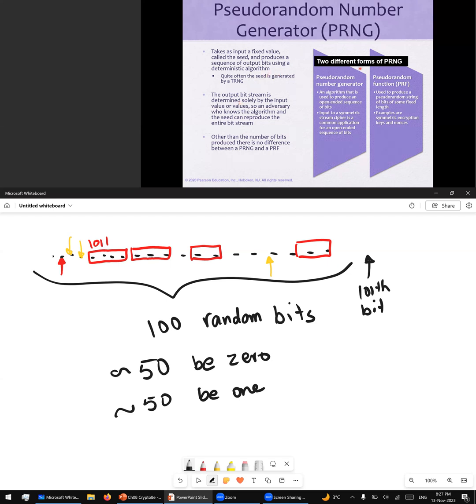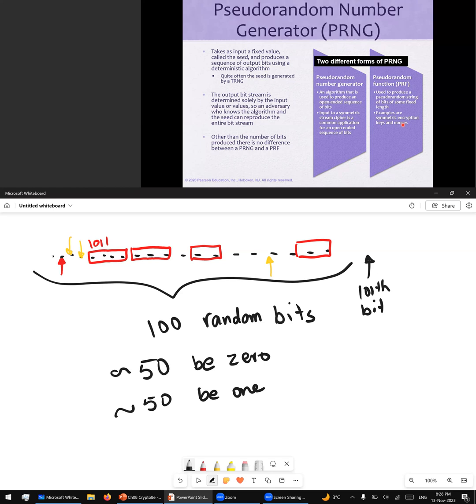Now, like we mentioned in the picture, there are two forms of the pseudo-random number generator. There was one with the deterministic algorithm, and there was one with the pseudo-random functions, right? These ones, like I said, there's one value that comes out of it, just a single value, and then we convert that to a binary. So they're good for using as keys in AES or DES or any other symmetric key encryption, and also as nonces, if you recall when we were talking about modes of operation of symmetric key encryption schemes.